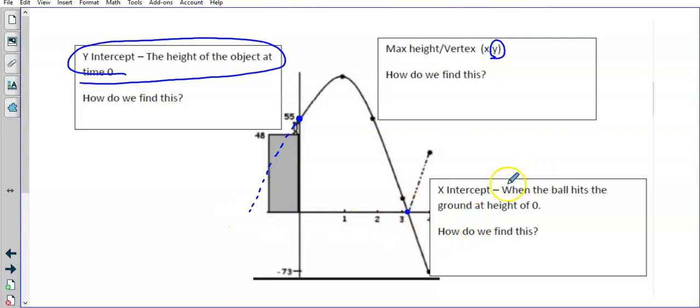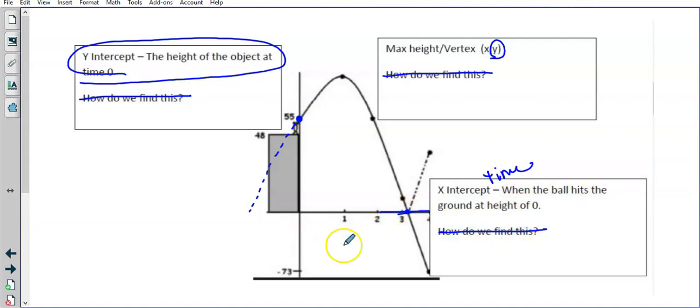So the x-intercept is when the ball hits the ground, at ground level, which is a height of 0. Again, I'm not worried about how we find this. We're not going to use formulas or anything. We're going to look at Desmos because Desmos is on our exam. The x-intercept is the seconds, the time when it hits the ground, when it reaches that ground 0.